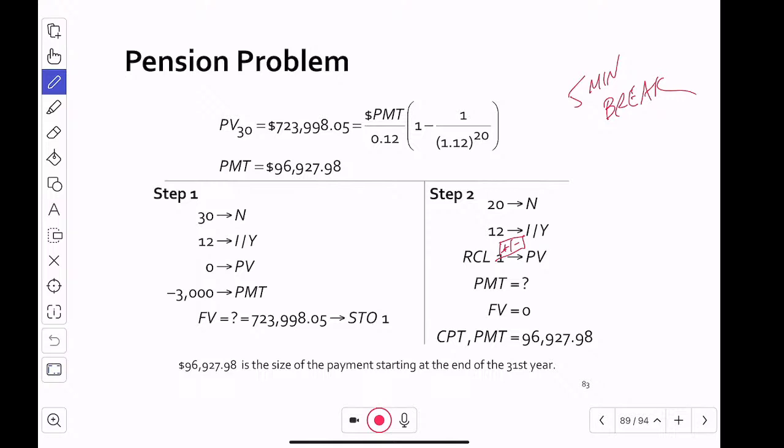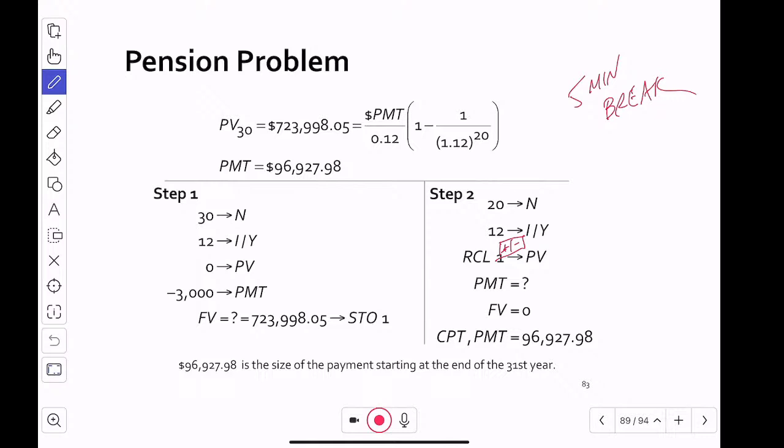Follow exactly the steps that are there and you should get the answer. Oh, maybe I have to put FV.